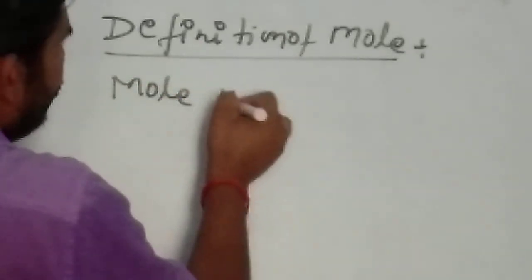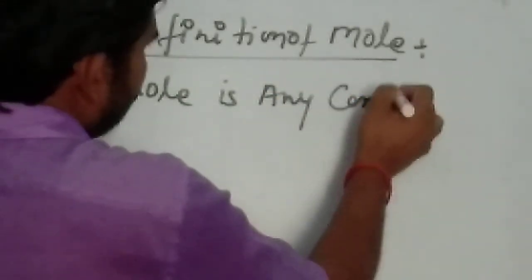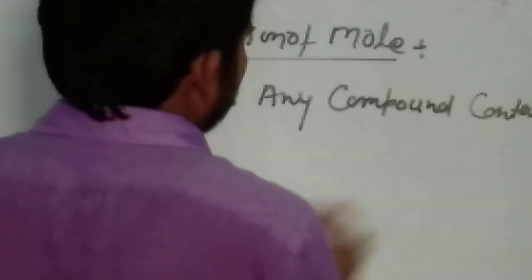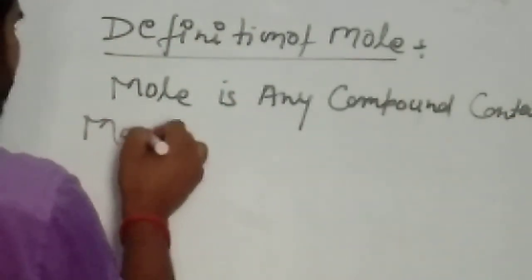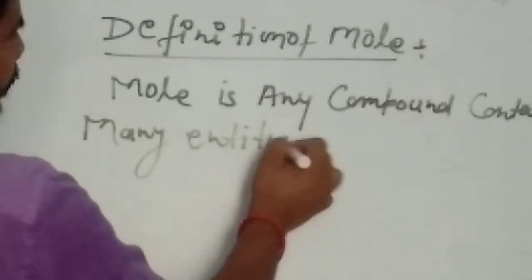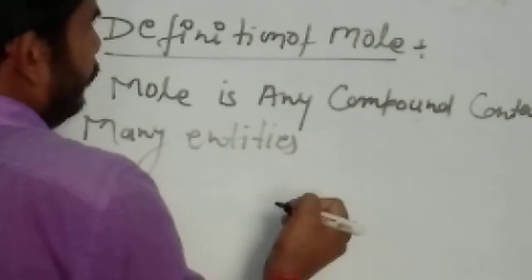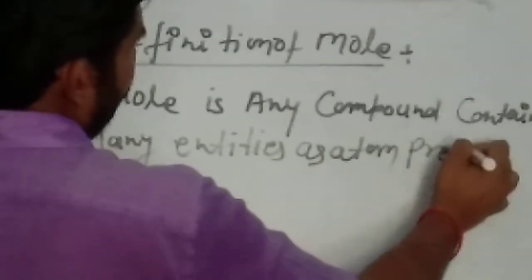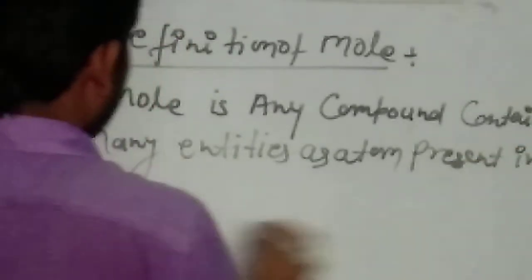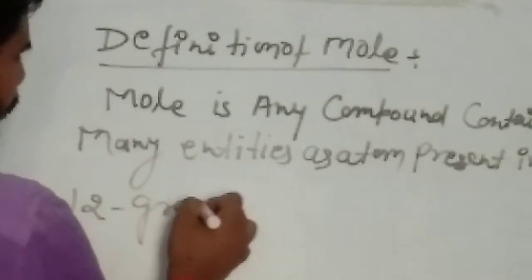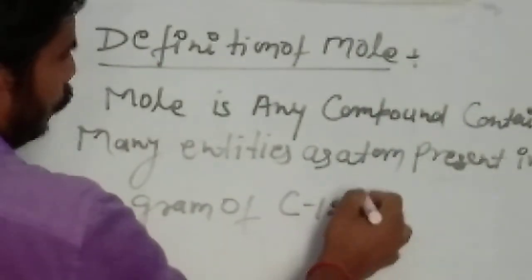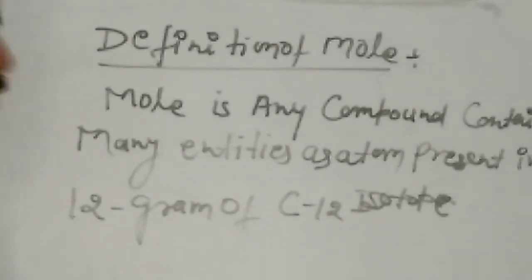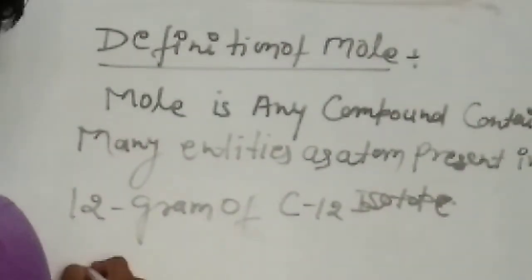Mole is any compound contains as many entities as atoms present in 12 gram of C12 isotopes.